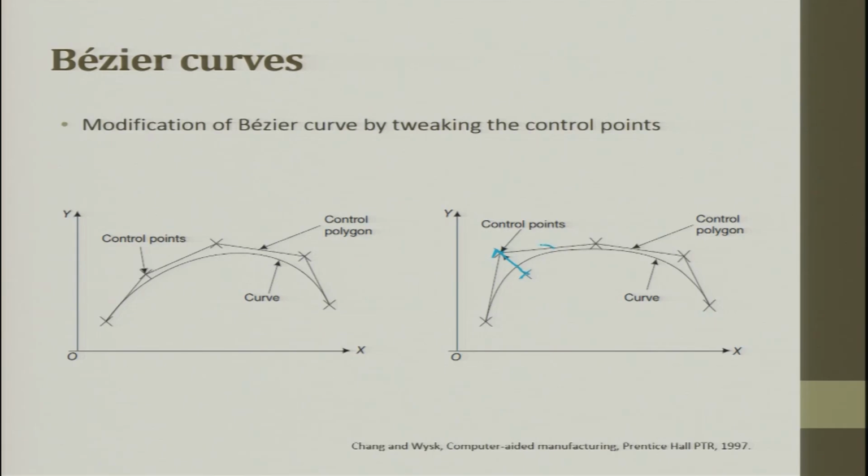So, this portion of the curve is tweaked, but it is not only this small patch, corresponding to that patch all other points are also moved. So, it will have a starting point and it will have an ending point. Okay. So, the modification of Bezier curve by tweaking the control points, you can try to tweak the complete curve.